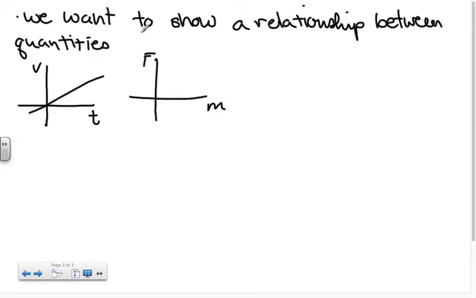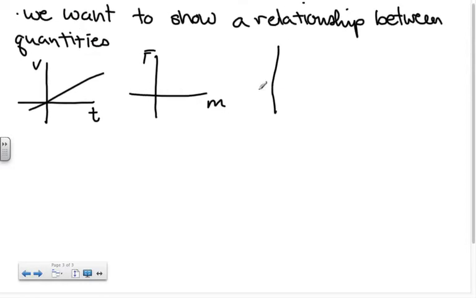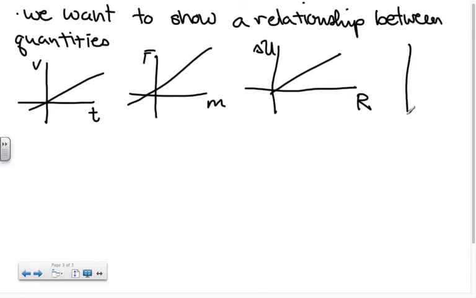Or the relationship between potential difference and its resistance, for example, something like that. And these are graphs, you can draw something like that. But the idea is that we're showing a relationship between two different quantities. Or you can just say between y and x.